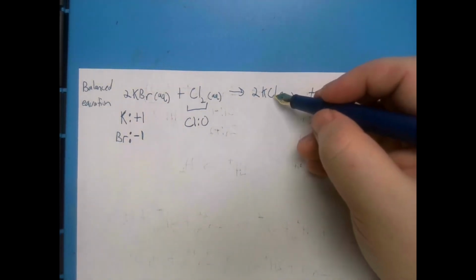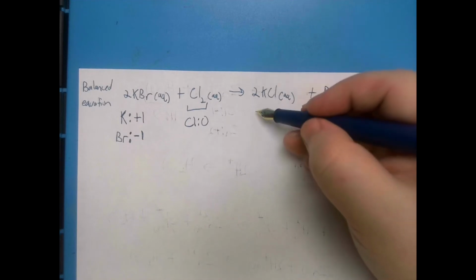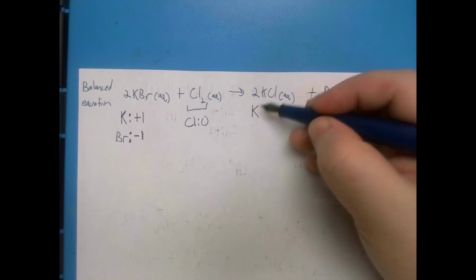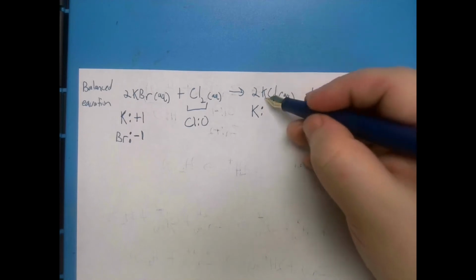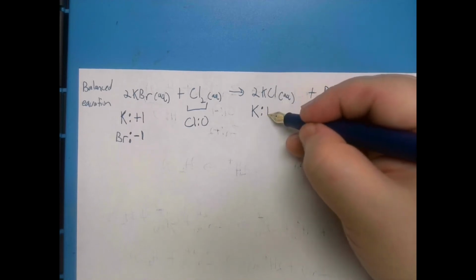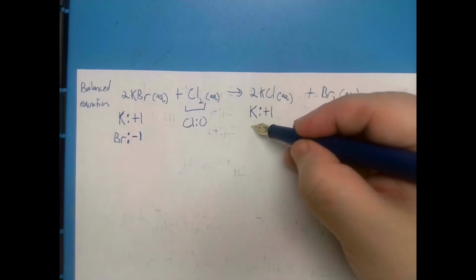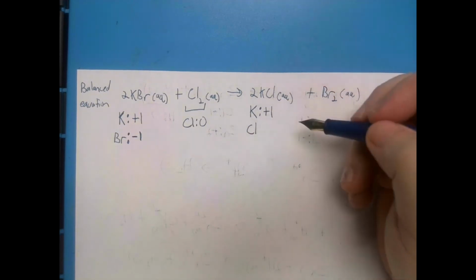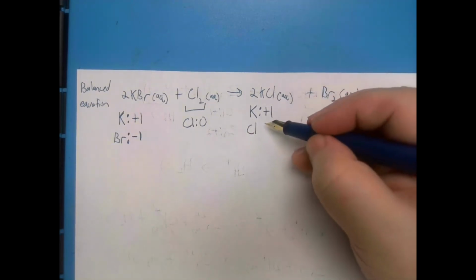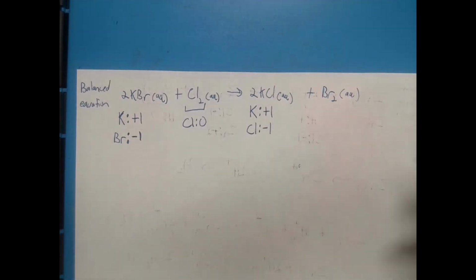Again, over here, we have the exact same situation. Potassium is group 1, so it's +1. Chlorine is the most electronegative, so its charge is -1.